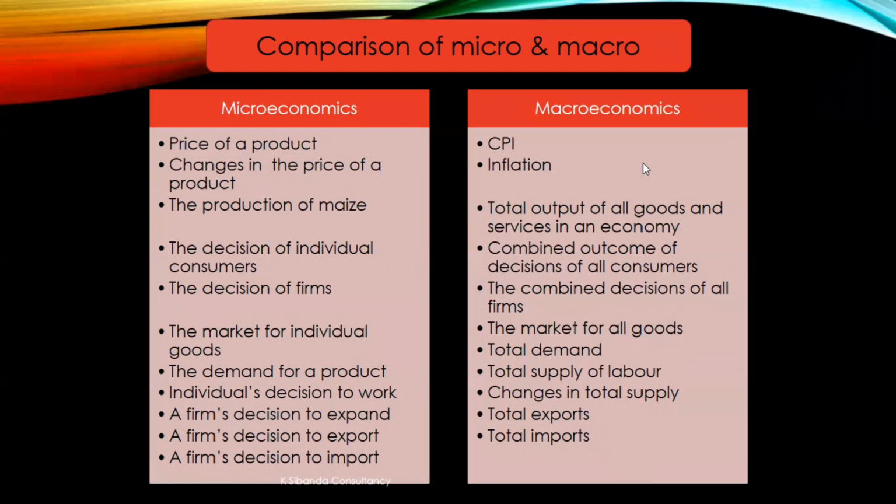But when we are looking at macroeconomics, we are looking at the total exports of all the firms that are in a country, in South Africa, for example. We are interested in the total exports, the value of the exports, all the goods and services that were sold outside the borders of South Africa, and imports as well.